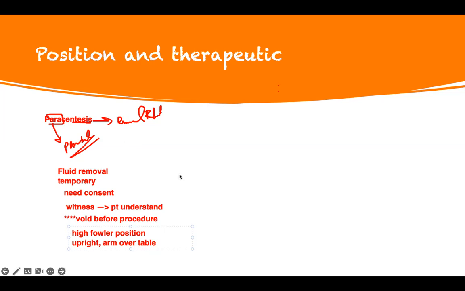Okay, after the procedure, all you need to do is assess the abdominal girth, the diameter, because they have ascites, so the abdomen is distended, and you check how much decrease in size has occurred. Then you have to check their vitals. You have to pay attention. All the fluid that they have is in their abdomen.